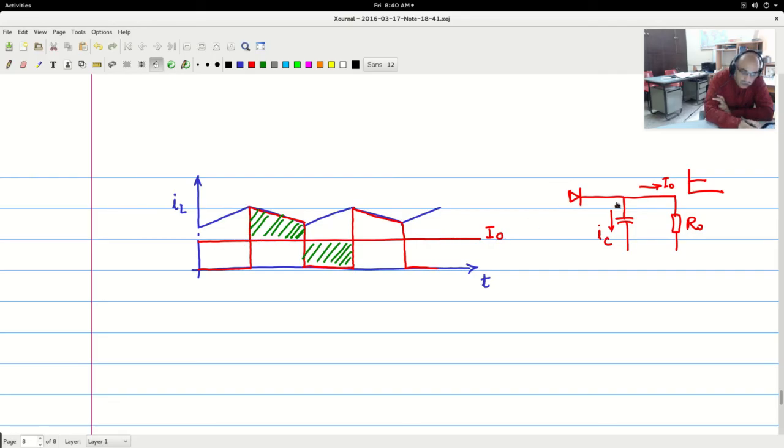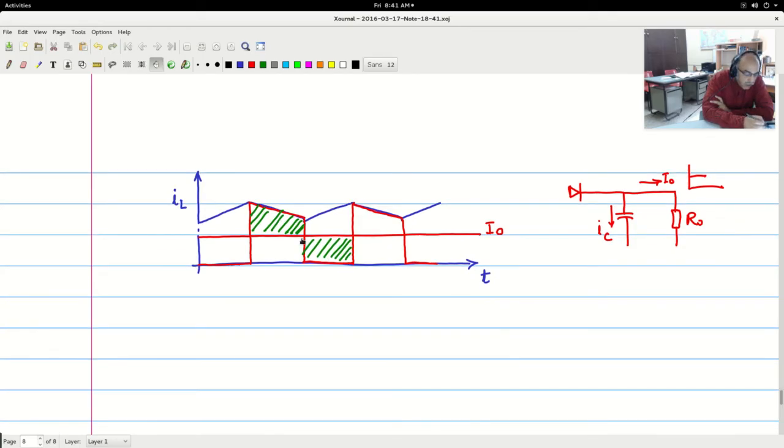Now the I naught value goes on to the R naught, and by Kirchhoff's current law, the remaining portion, the diode current value minus I naught, flows into IC. So minus I naught would mean for the capacitor this I naught line is the zero line. Which would mean this area as shown should match this area for amp-second balance.